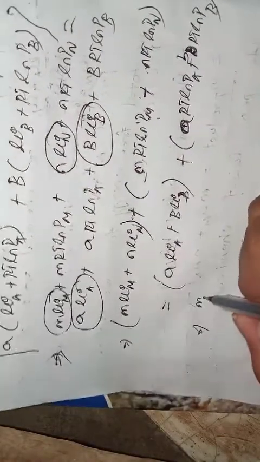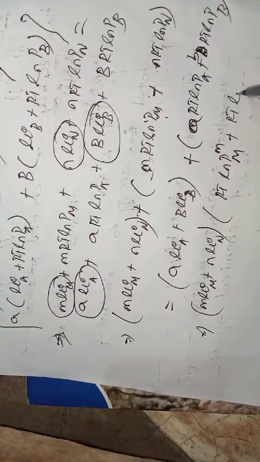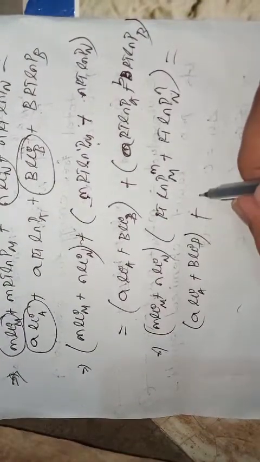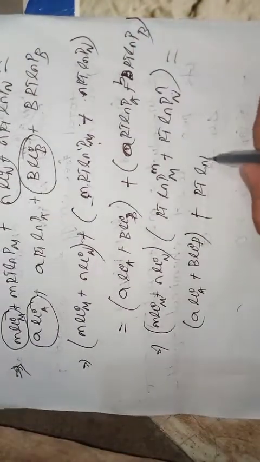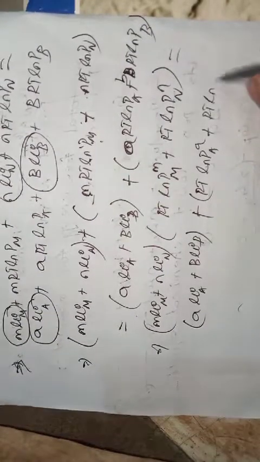So now m mu naught m plus n mu naught n plus RT ln Pm to the power m plus RT ln Pn to the power n is equal to a mu naught a plus b mu naught b plus RT ln Pa to the power a plus RT ln Pb to the power b.